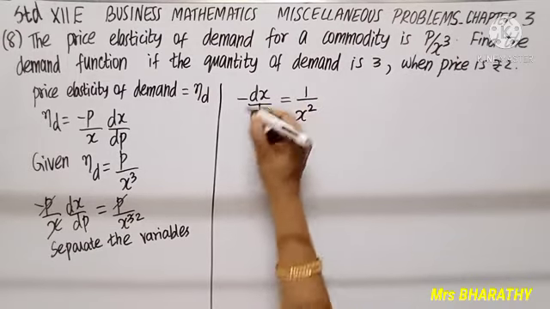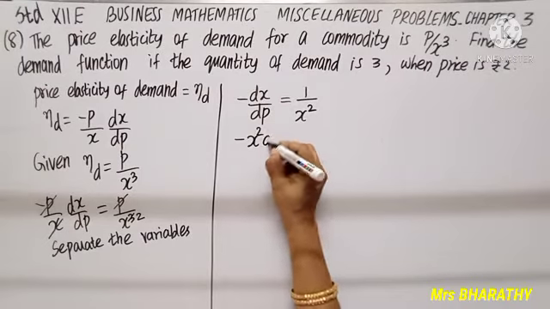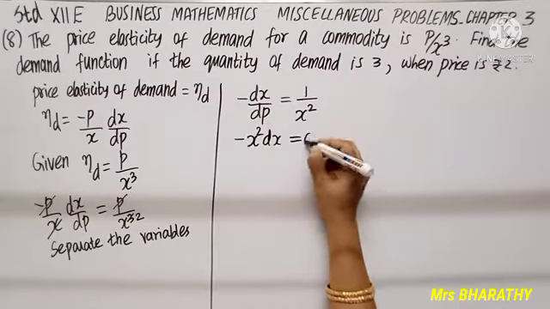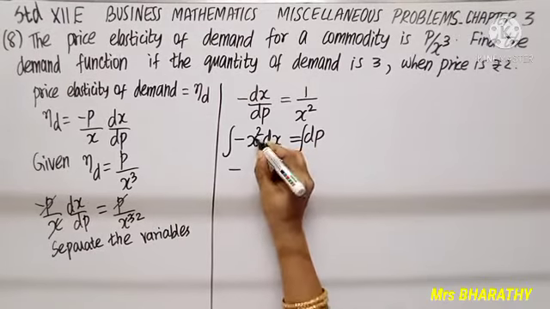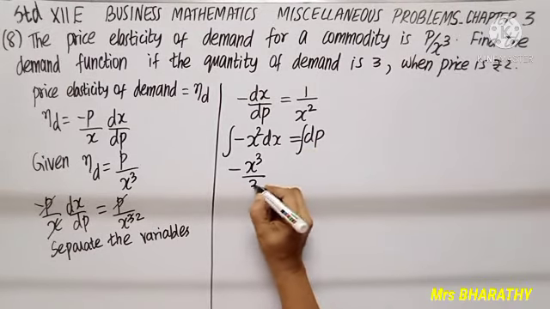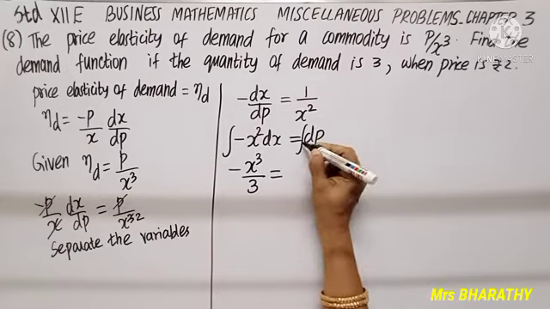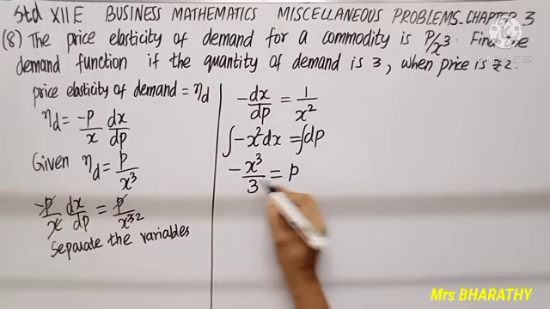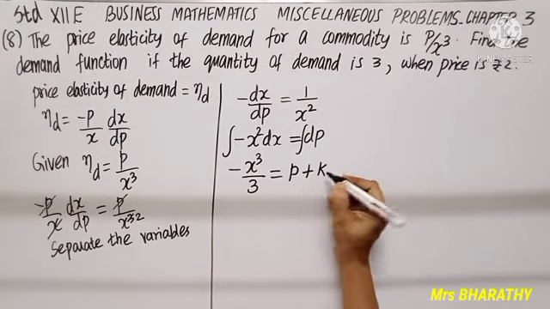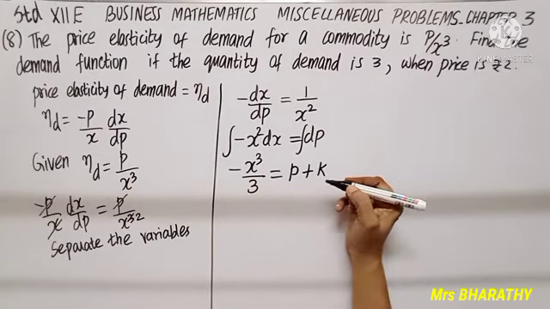Cross multiplying, we get minus x square dx equals dp. As we integrate, minus x square becomes minus x cube by 3. Integral dp will be just p. And whenever we integrate, remember to introduce a constant, that is k.